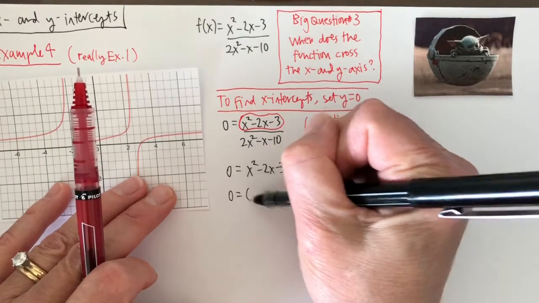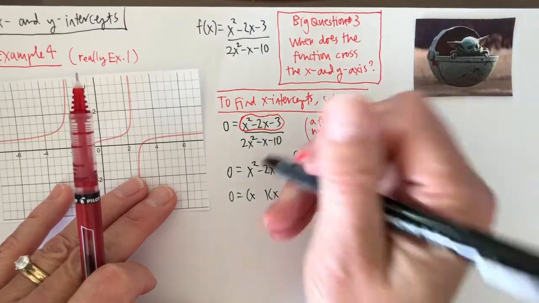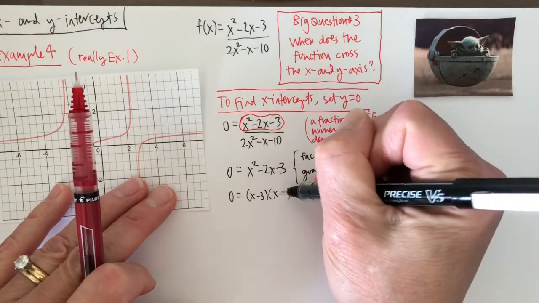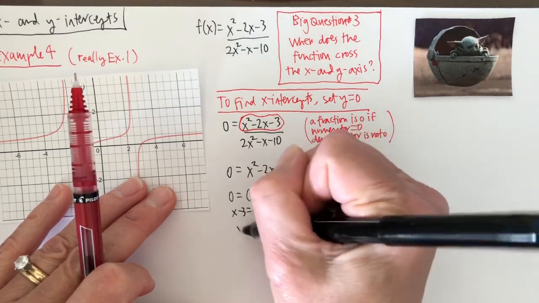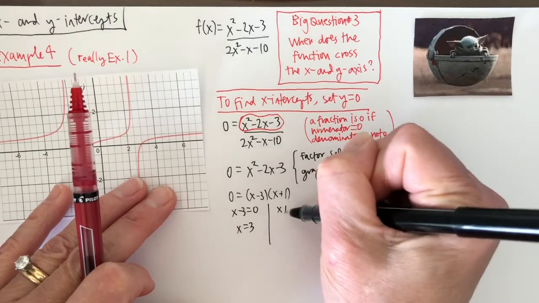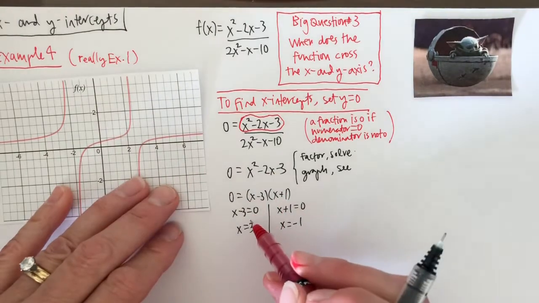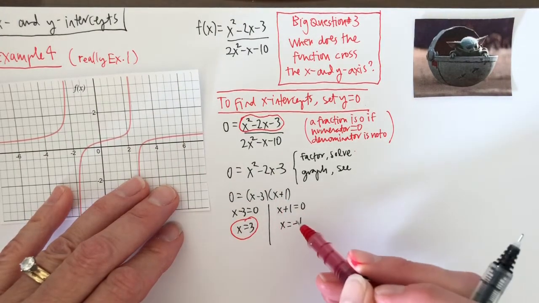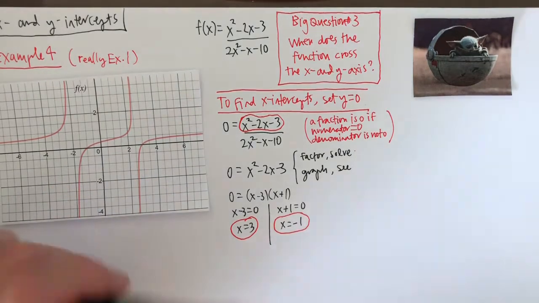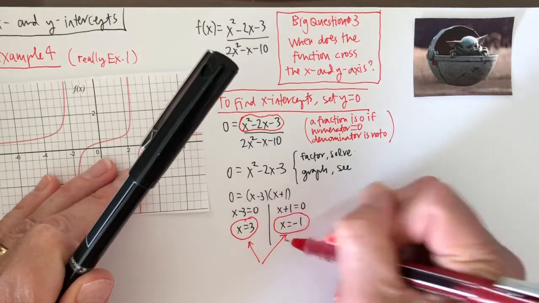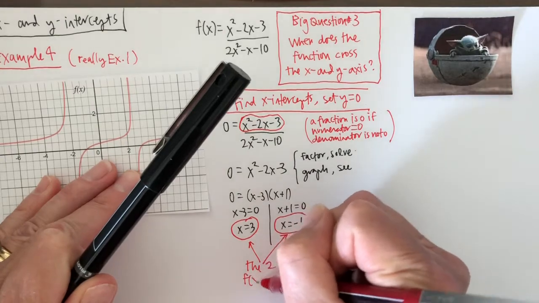So we'll factor this. We need numbers that multiply to -3 and add up to -2. That should do it. And so x minus 3 equals 0, which means x equals 3, or x plus 1 equals 0, which means x equals -1. These are the two places that the function will equal 0.